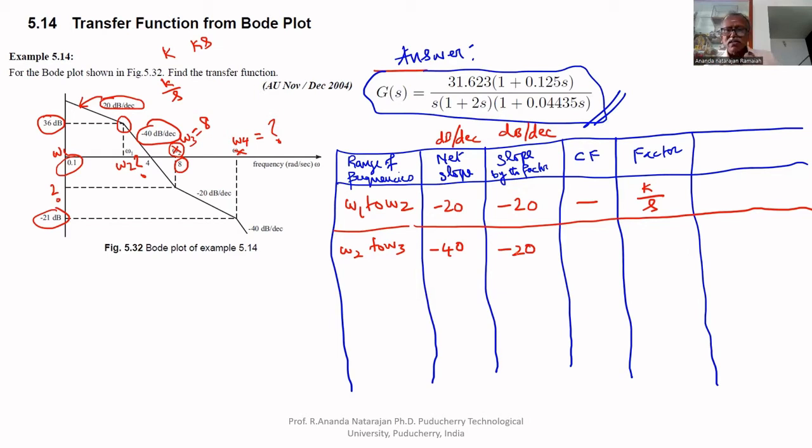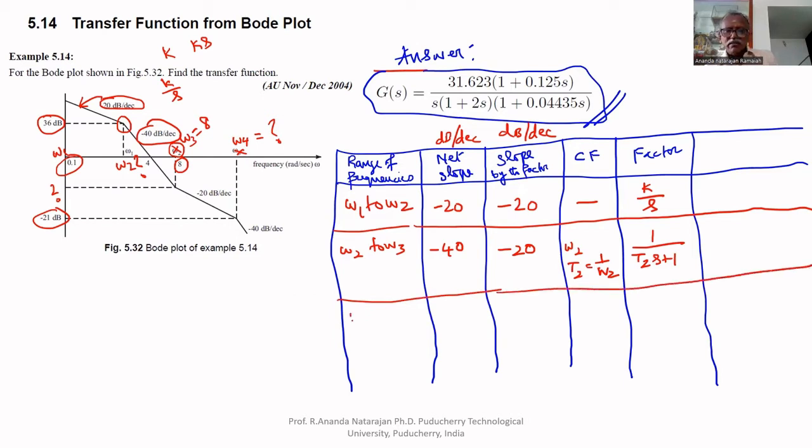The corner frequency is omega 2. Therefore, T2 equal to tau 2 equal to 1 by omega 2. Therefore, the factor is a negative slope with corner frequency, so 1 by T2s plus 1. So this is also over.